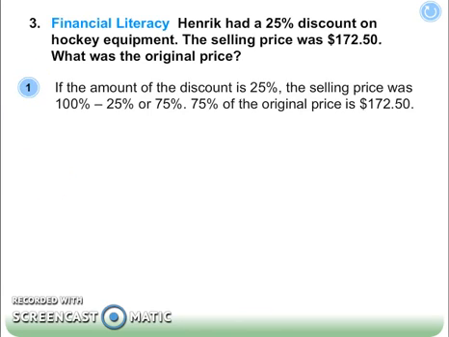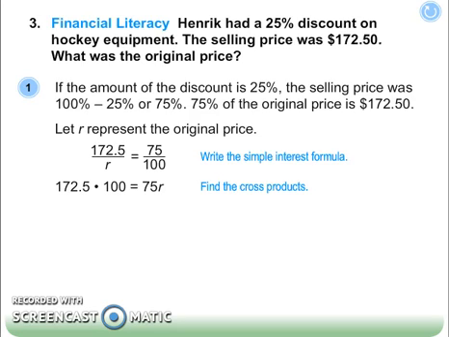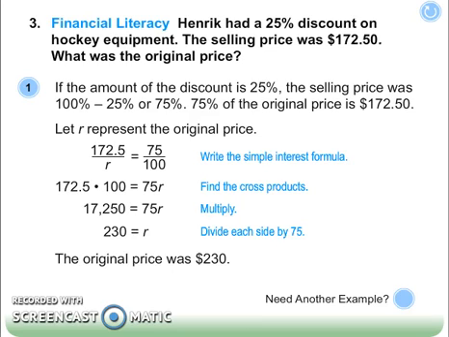Well, to do this, if the amount of the discount is 25%, the selling price was 100% minus 25%, or 75%. So all you would need to do is find the original price where 75% of it is $172.50.